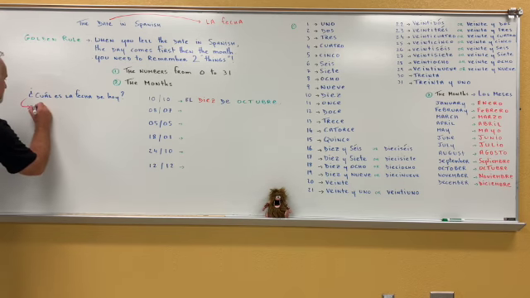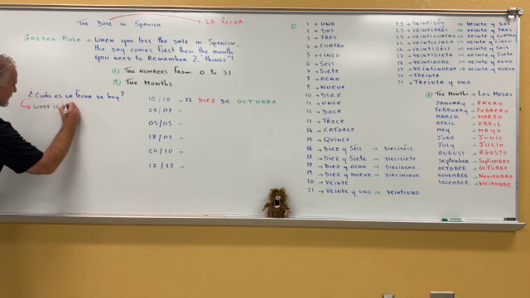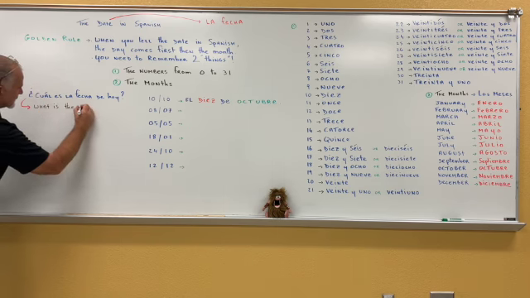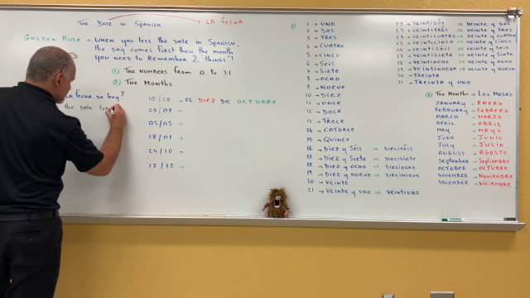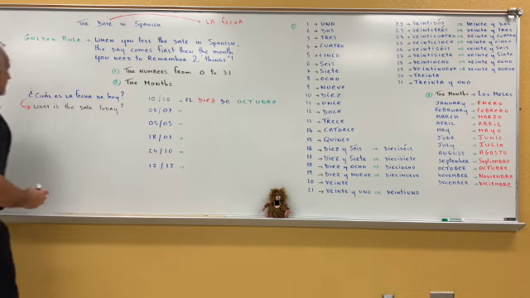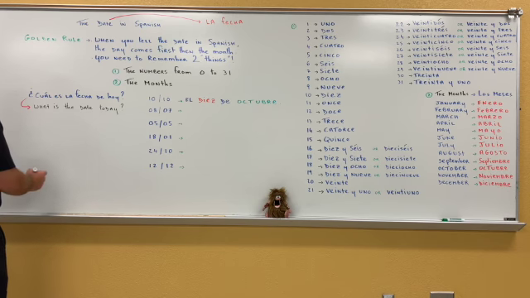Okay, what is the date today? That's kind of a weird thing to say in English, okay, what is the date today, okay? But you do say that, okay? Well, what's the date today? See, in English, when I hear people speaking English, most of the time, they will say, what's the date?